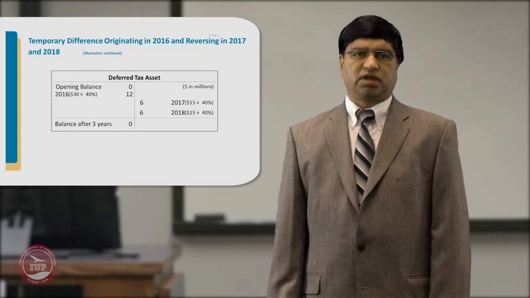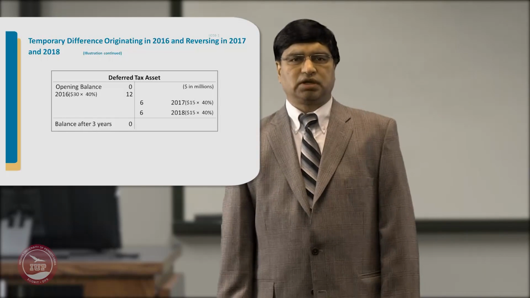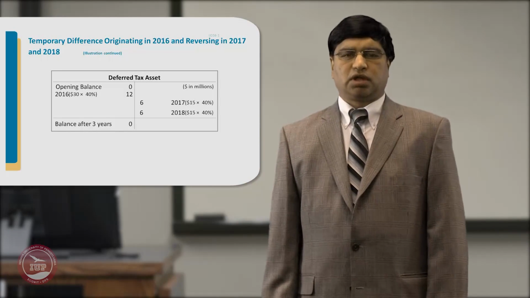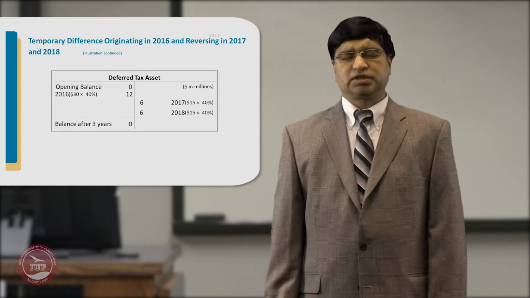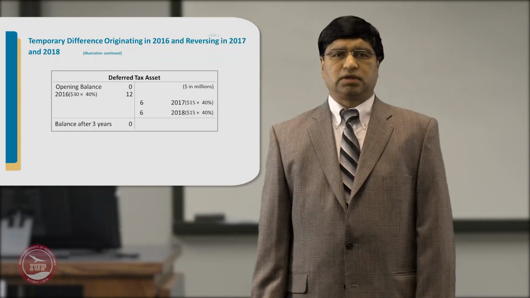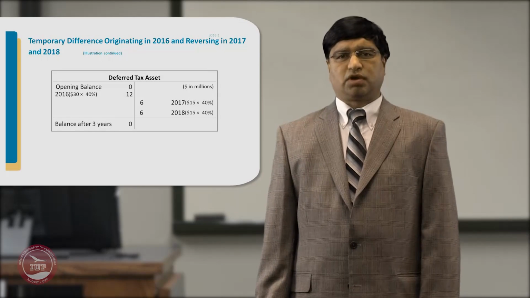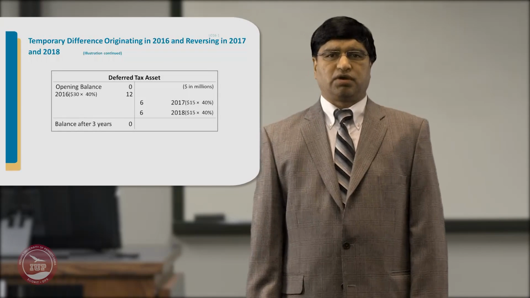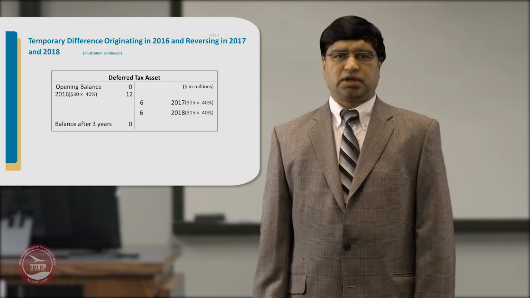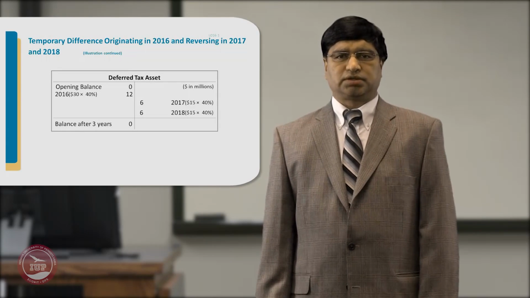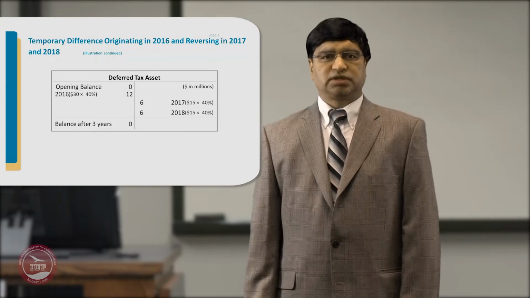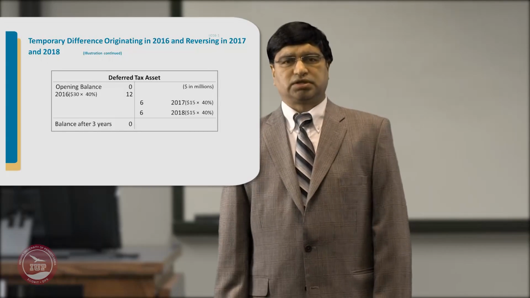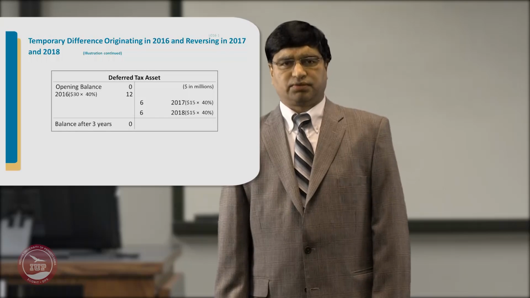It is a very similar entry as in 2017, and your income tax expense is $40 million. So in this case, the deferred tax asset was created at $12 million. It is now reversed over a 2-year period, that is in 2017 and 18. The deferred tax asset has been realized, and your balance is zero at the end of 3 years.